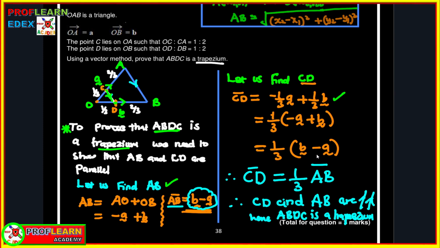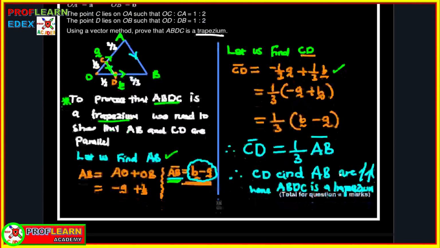But what is B minus A? B minus A is AB. So I can write CD in terms of AB and say CD is a third of AB. And now, since CD is a multiple of AB, we can say AB and CD are parallel, and therefore ABCD is a trapezium.